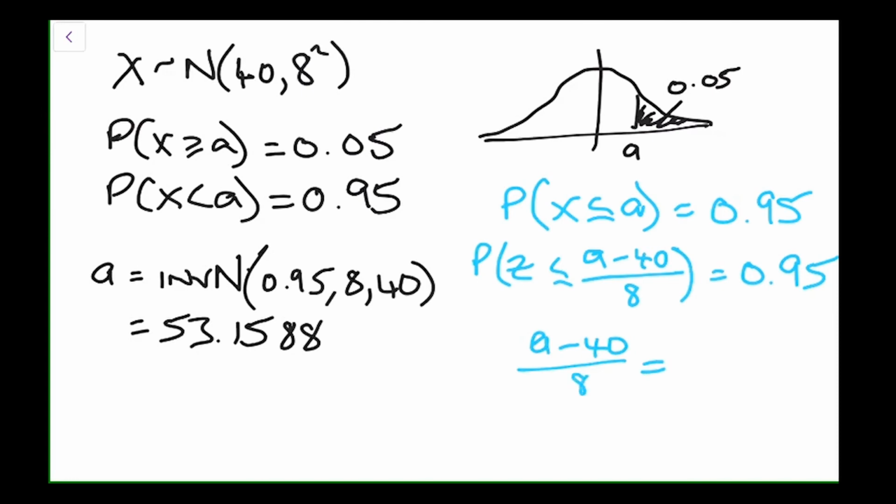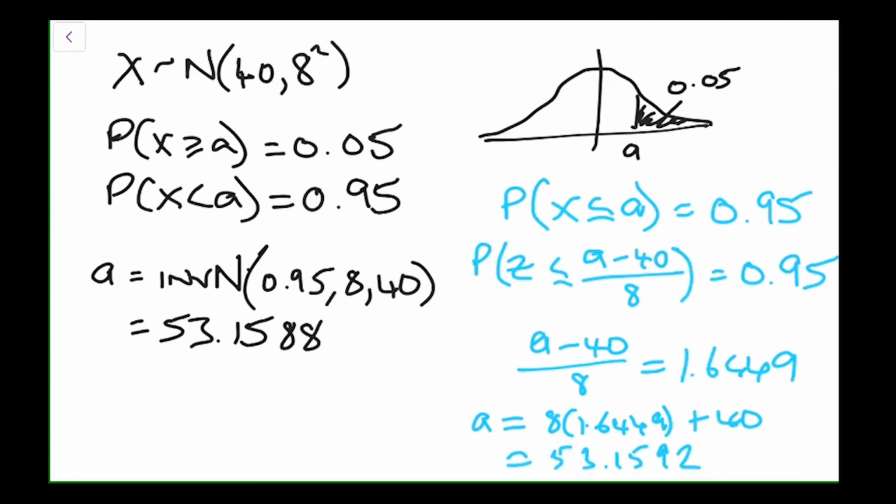So this fraction, a minus 40 over 8, equals 1.6449. Okay, and just some smart rearranging from here gets us a value of a which is 53.1592.